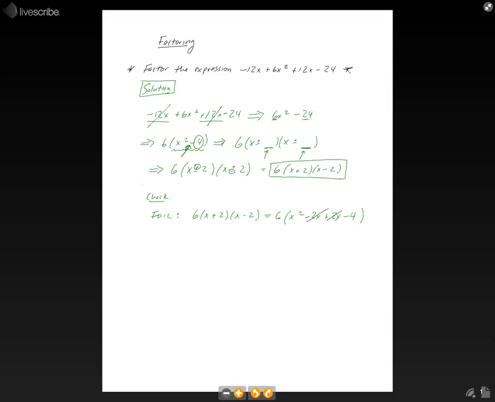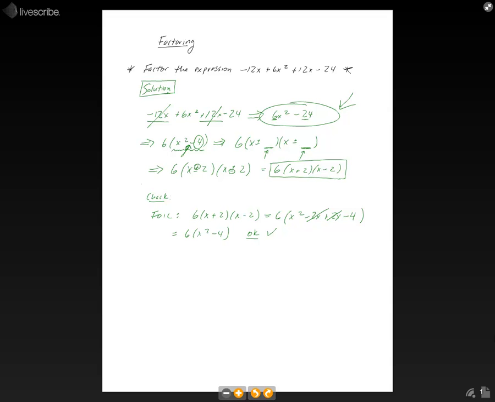And 2 times negative 2 is negative 4. These cancel out, and that leaves us with 6 times x squared minus 4, which is the same thing as our original expression up here. So that's good. We know that we factored it correctly.